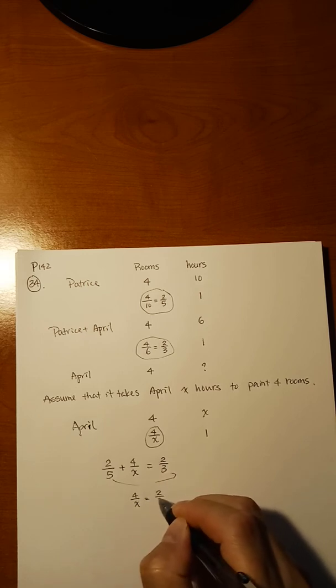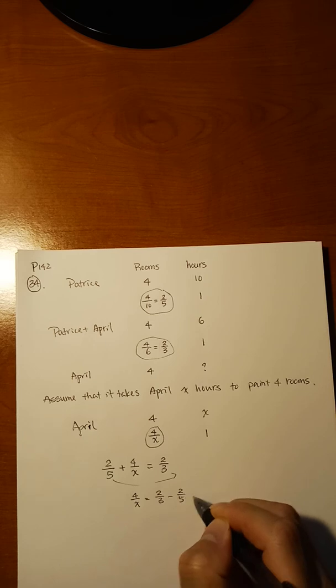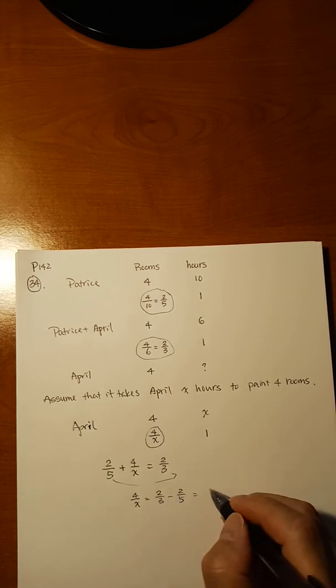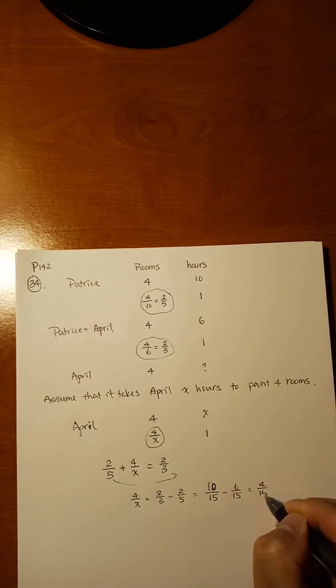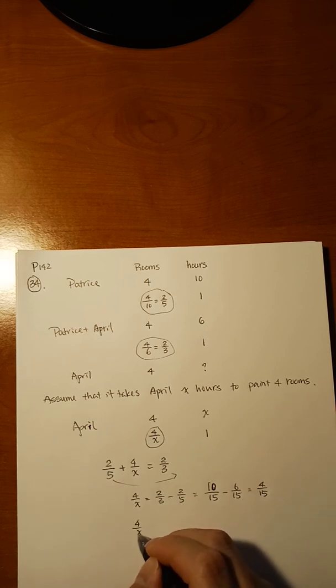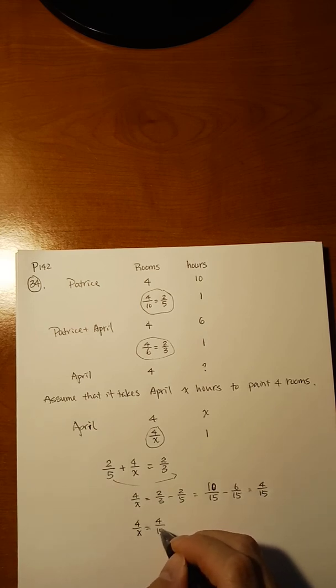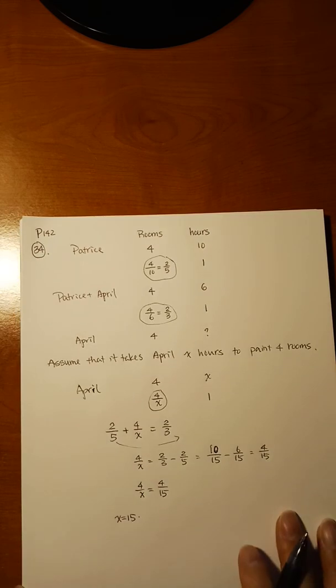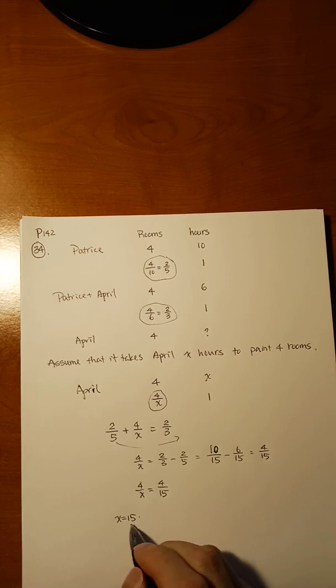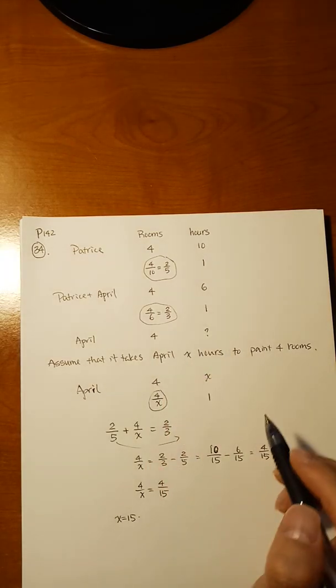We get 2 over 3 minus 2 over 5. 2 over 3 minus 2 over 5 is 10 over 15 minus 6 over 15 is 4 over 15. So 4 over x is equal to 4 over 15. Numerator is equal to the numerator, then denominator is equal to the denominator. So April will need 15 hours to paint 4 rooms.